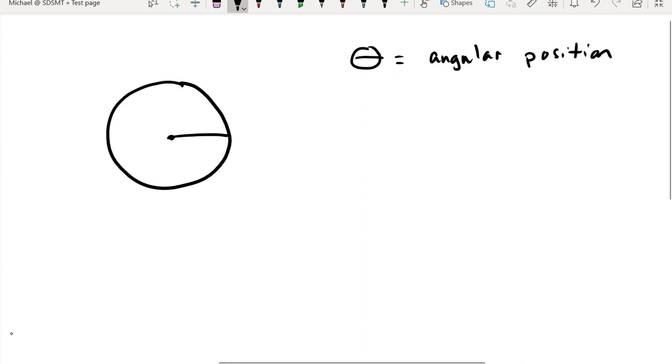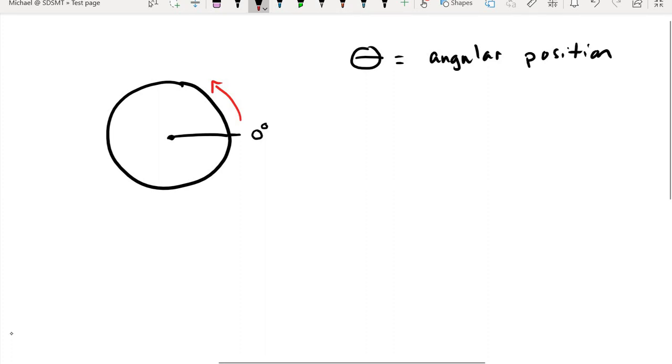Now back in trig, traditionally you have this point right here, which we use as the 0 degree mark, and then as we go around a circle we can start measuring the angle with respect to that 0 point.